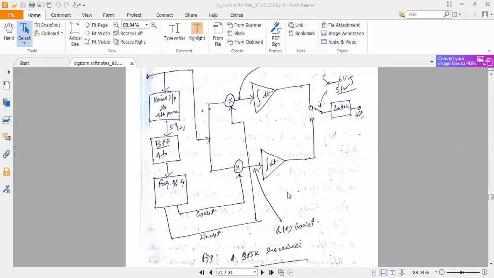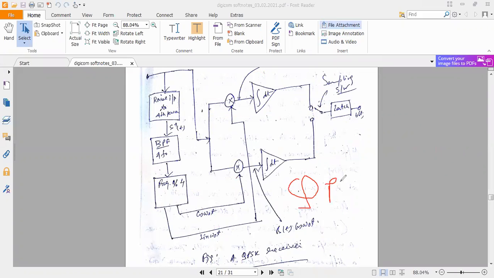You can follow Taub and Schilling. But mostly, I have taken QPSK and DPSK from Taub and Schilling. Listen, for your better understanding, I am referring to this book.